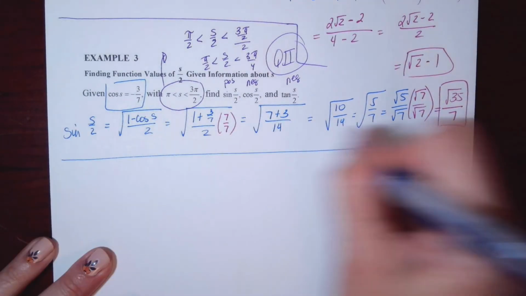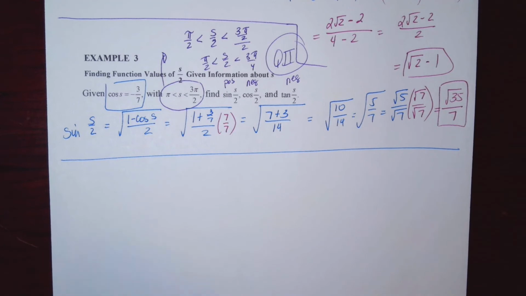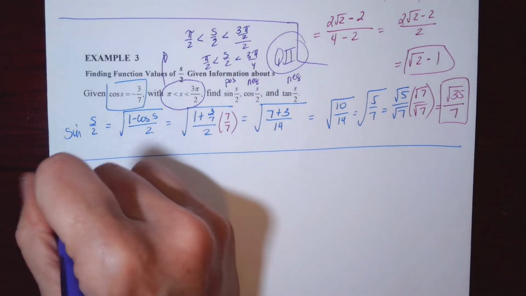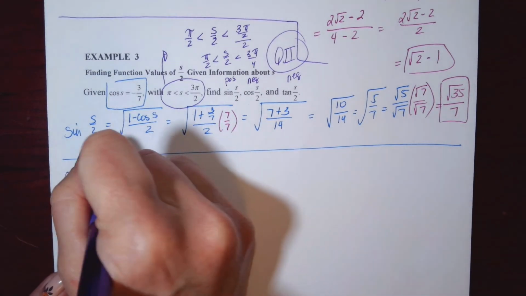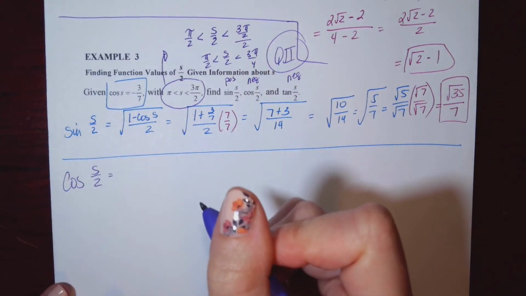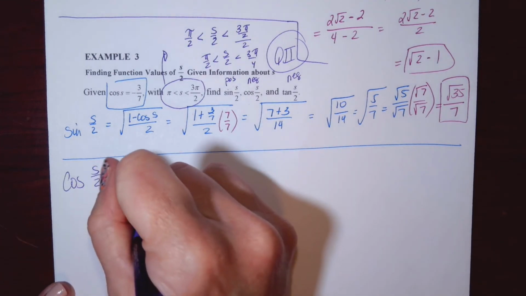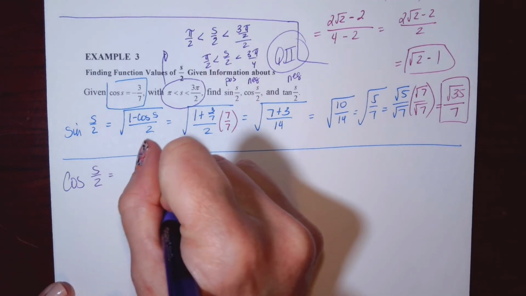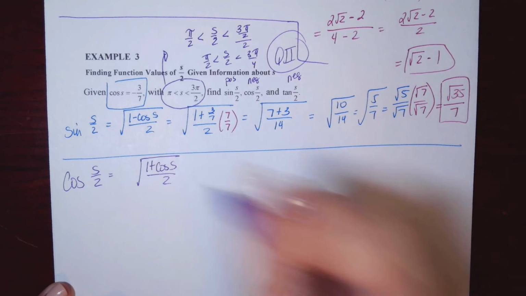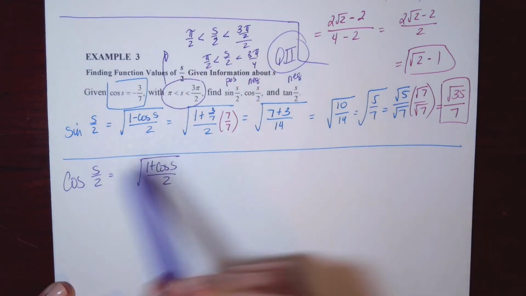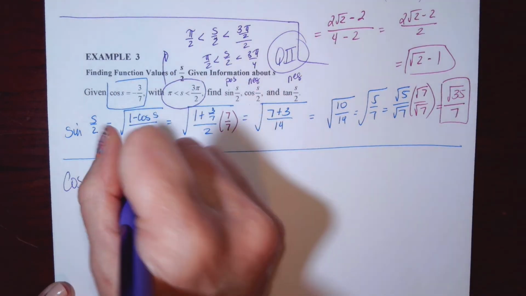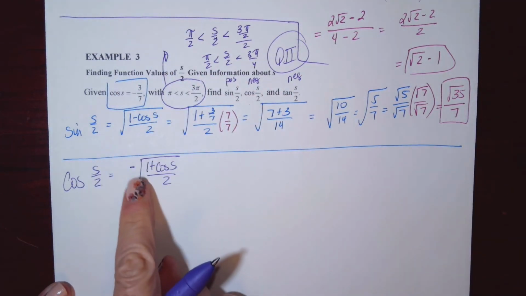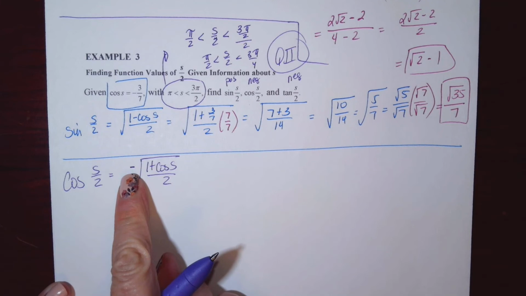Alright, let's do cosine of the half angle. Cosine of s half. Well, we only have one cosine half angle identity available to us. It is the square root of 1 plus cosine s over 2. I've already determined that based on the quadrant I'm in, this cosine value needs to be negative, so that's my algebraic sign that gets stuck out front here.